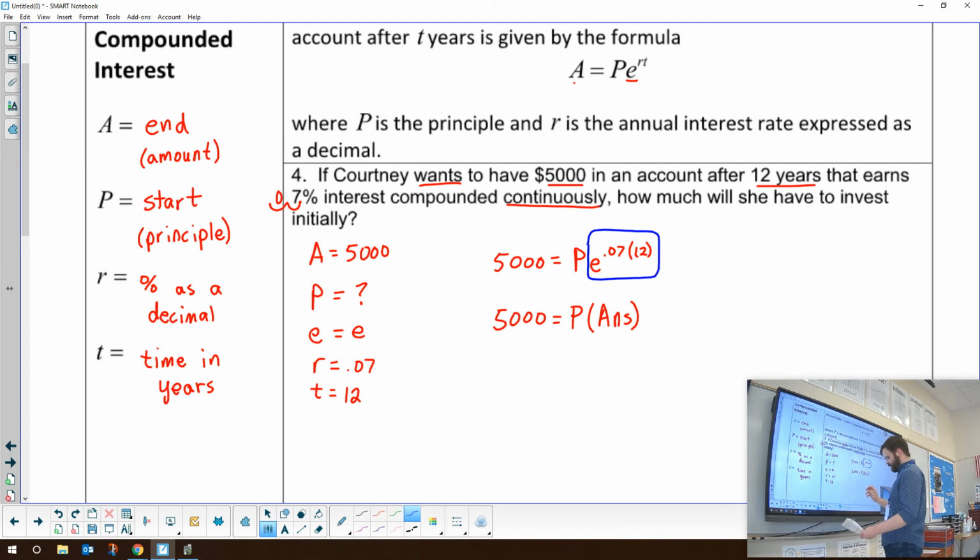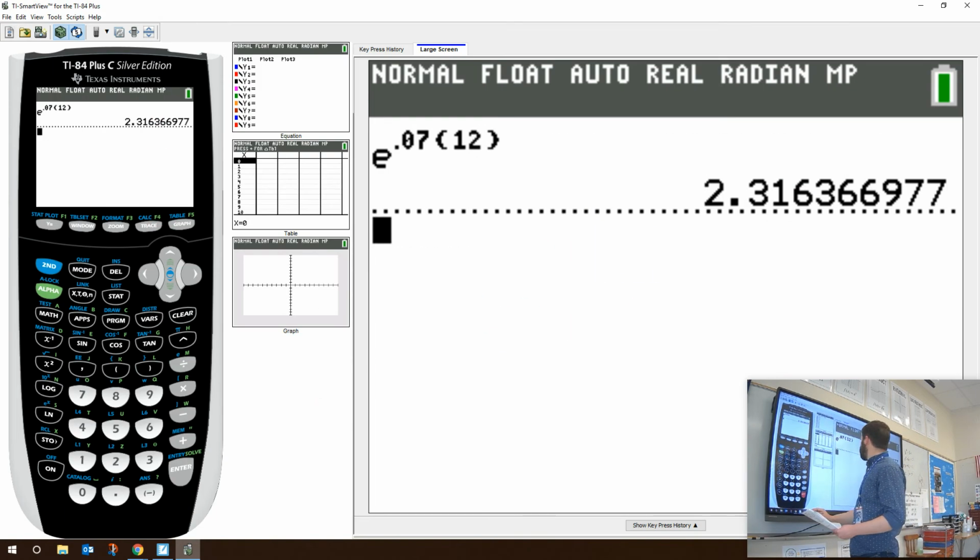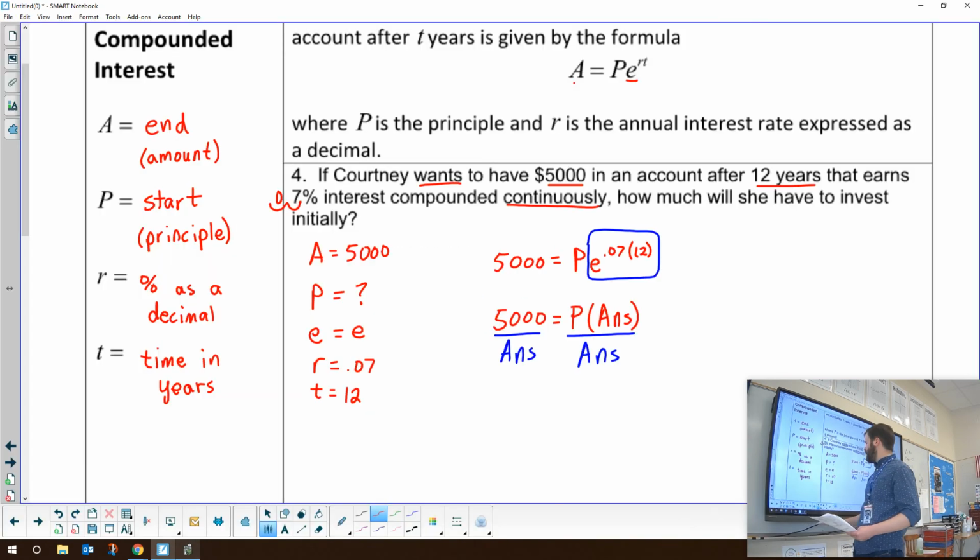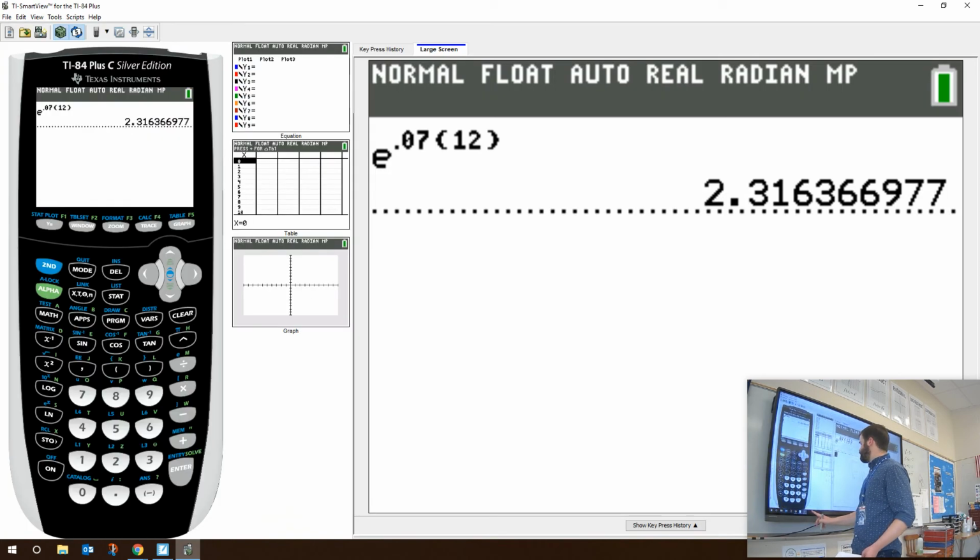Now all I'm going to do is divide both sides by my answer in my calculator. We know what it is, it's 2 point something, but we don't want to write it out. We don't want to round until the end of the problem, so we're going to divide inside my calculator. So I'm going to take my amount divided by my answer here to see how much I have to initially invest.